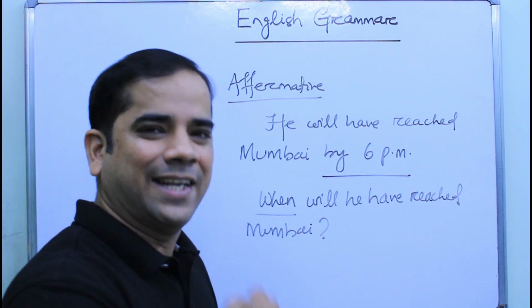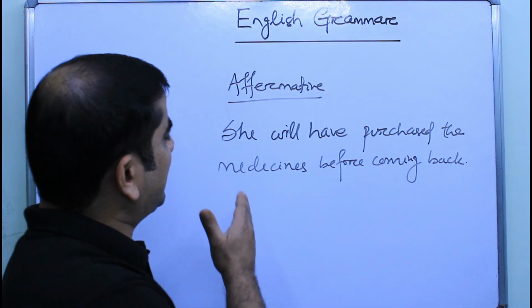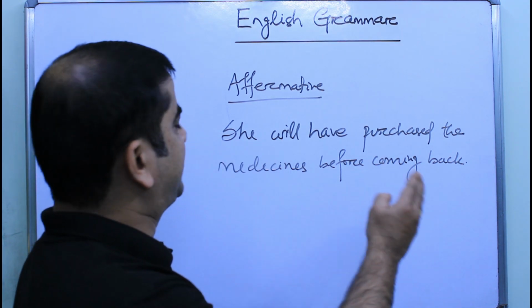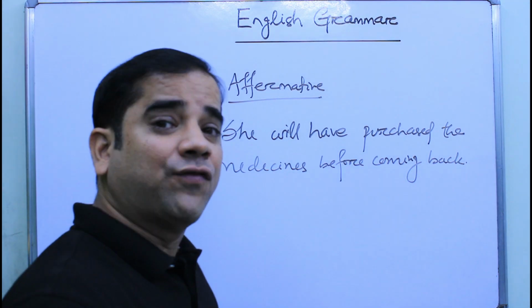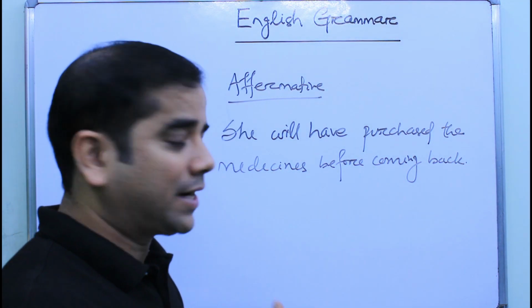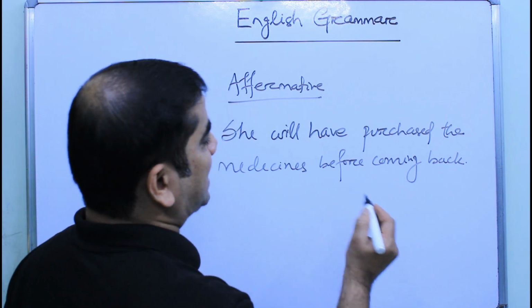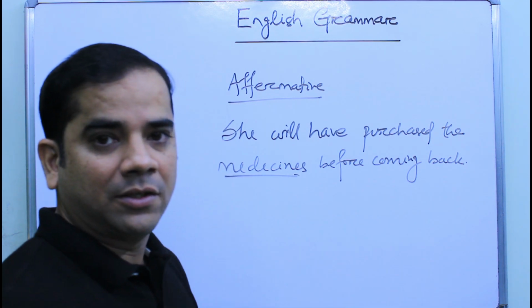Okay, let us take another example. Students, here there is another sentence. She will have purchased the medicines before coming back. So let us form the interrogative sentence by using what. So we need to ask about the medicines, the object.